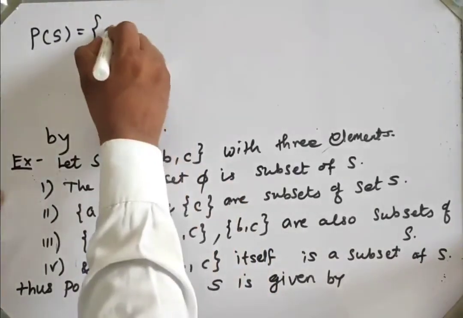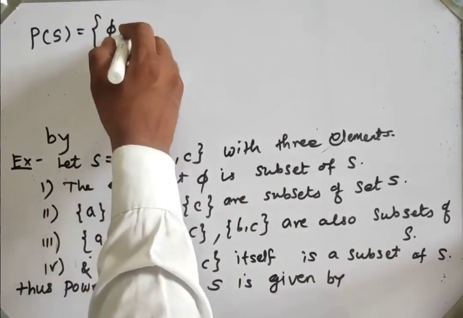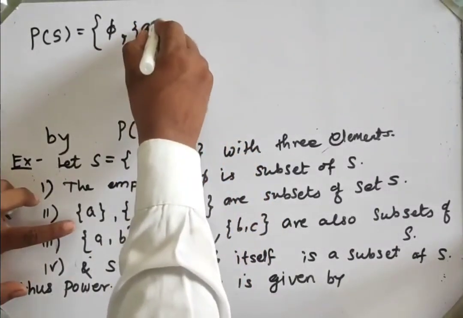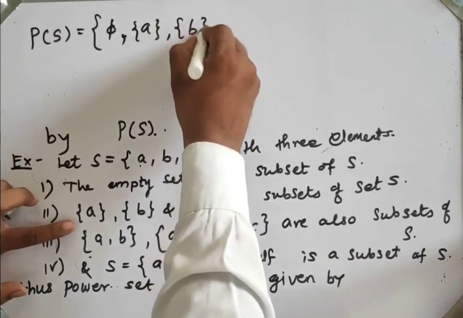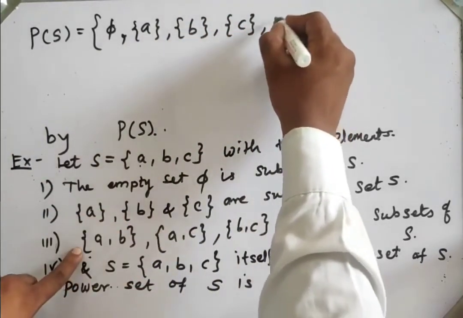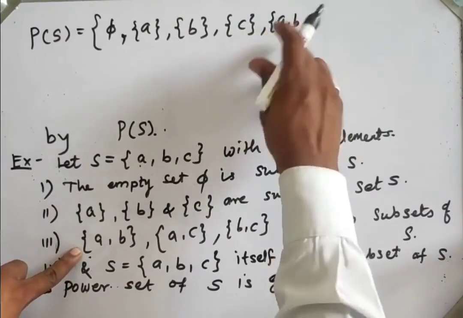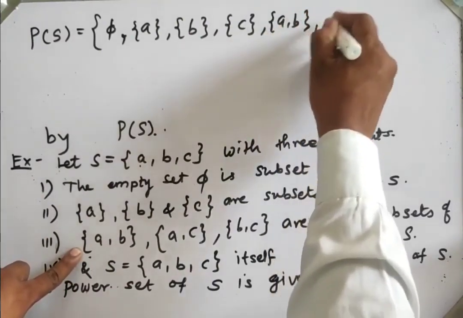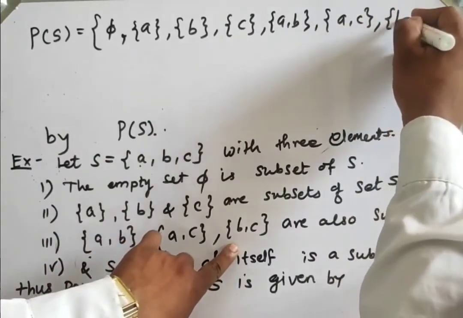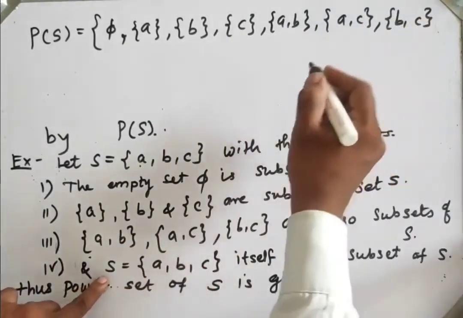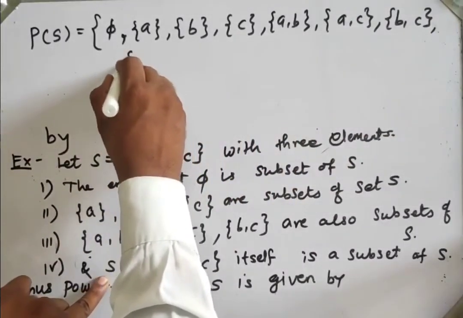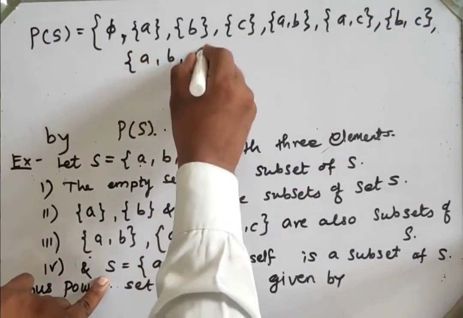Which is phi, next singleton A, singleton B, singleton C, next set AB, next set AC, set BC, and last set S itself, that is set A, B, C.